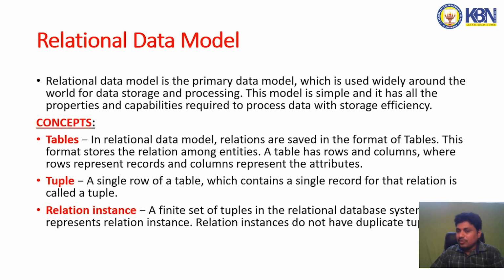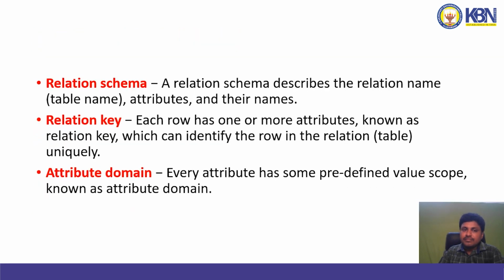A table has rows and columns, where rows represent the records and columns represent attributes. Tuple, a single row of a table, we can call it a tuple. Relational instance, a finite set of tuples in the relational database system represents the relation instance. Relational schema describes the relation name, that means table name, and attributes and their names.